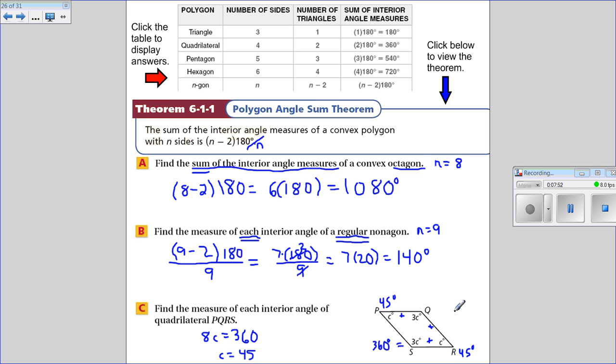So 3 times 45 is 135 degrees each. And my problem is done. If I add up 135, 135, 45, and 45, I do get 360 degrees, which is consistent with being a quadrilateral.